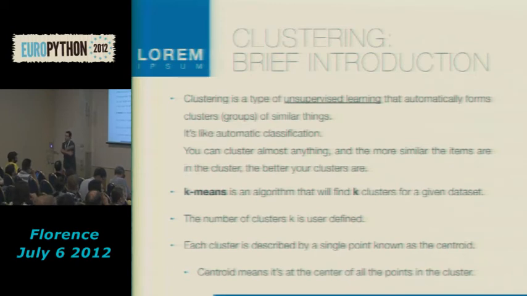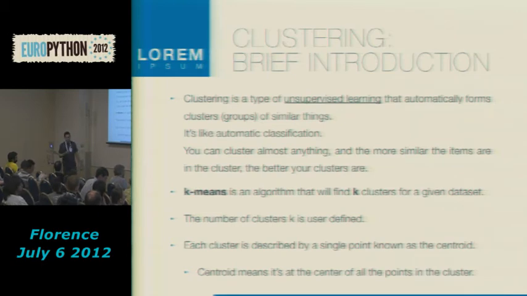K-means is an algorithm that will find k clusters for a given data set. It's quite trivial and simple to implement. The main drawback is that it is fully automatic, but you have to specify how many clusters you want in output. So in some cases, you may not know how many groups of objects you should have after the execution. This is basically the drawback. But it works in a lot of cases.